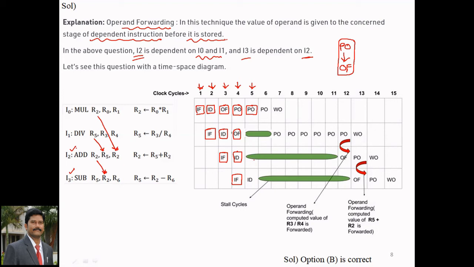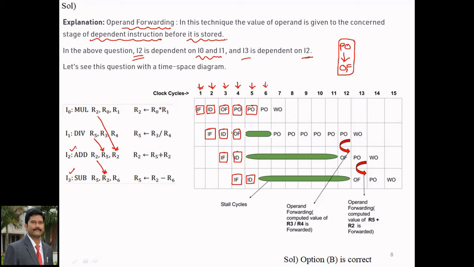Here also for the add instruction, OF will not start, because the data is required after completion of the division instruction, that is R5 and R2. R5 should be available after the end of the PO stage, then only the operand fetch will be done, so that's why it is stalled. And the subtraction enters ID, because it is free.